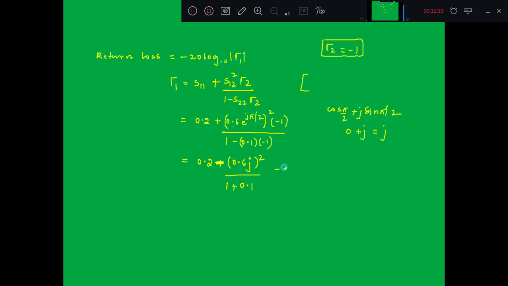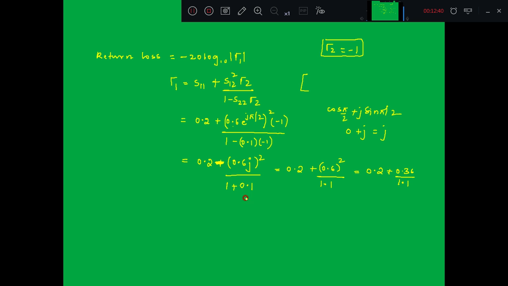Therefore, here it is 0.2, and here 0.6 square. j square value is -1, and this -1 and this -1 make plus, divided by 1 plus 0.1, which is 1.1. That is equal to 0.2 plus 0.6 square, which is 0.36, divided by 1.1.